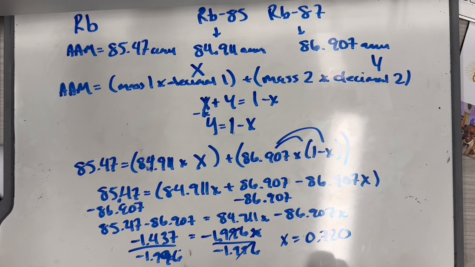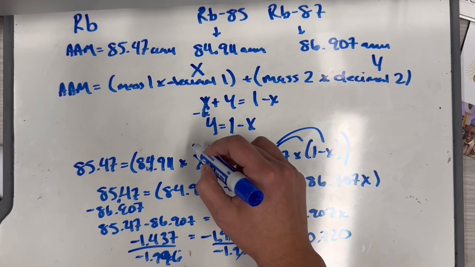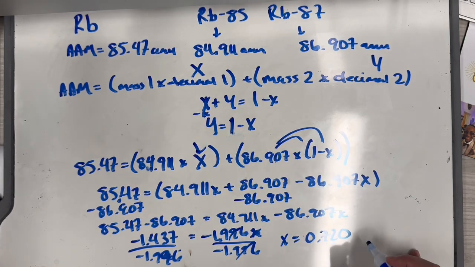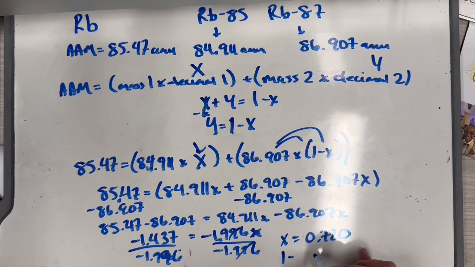So that would be x. So this is the first isotope, and then the other isotope is 1 minus x. So this would be 1 minus 0.720, which is 0.280.